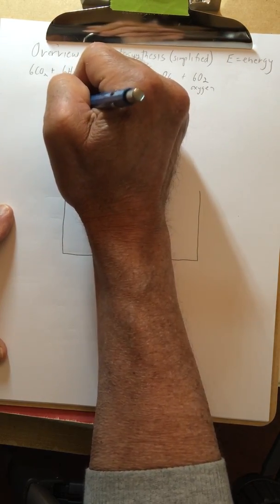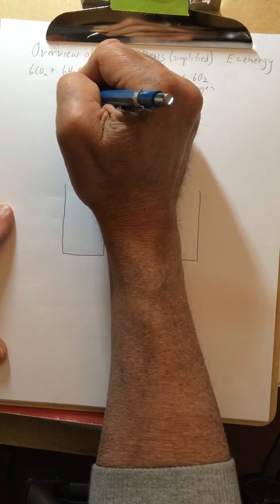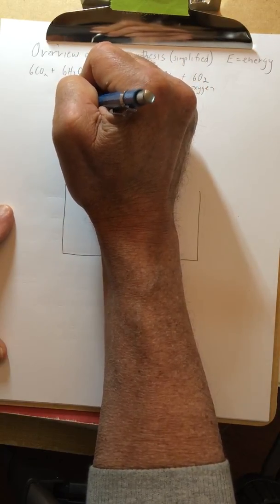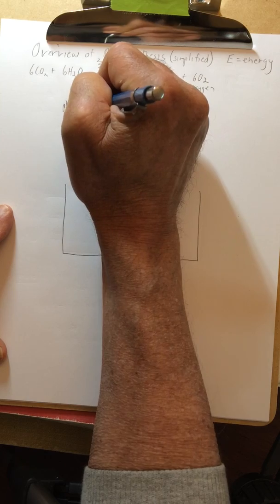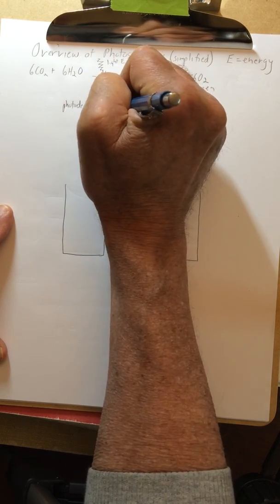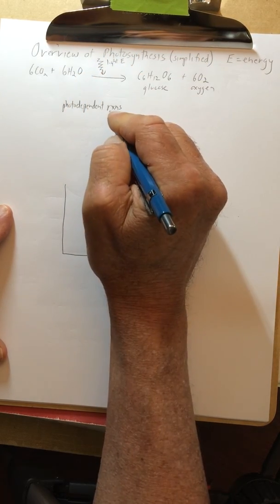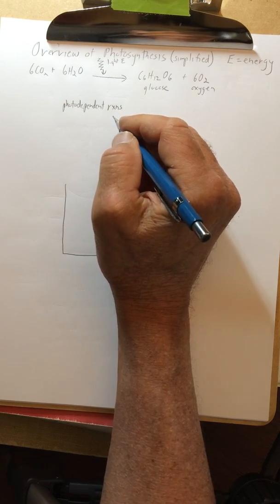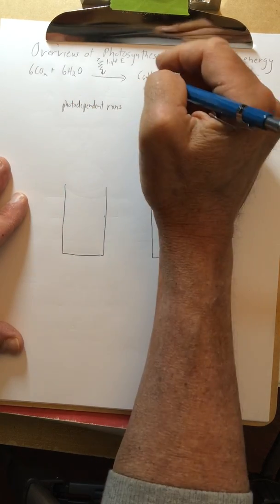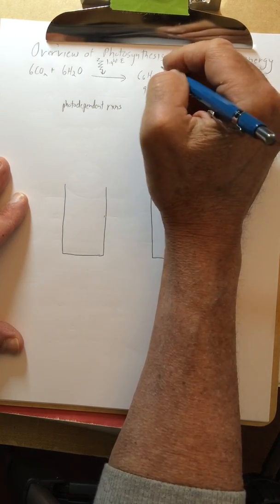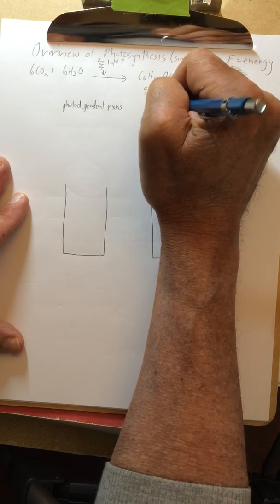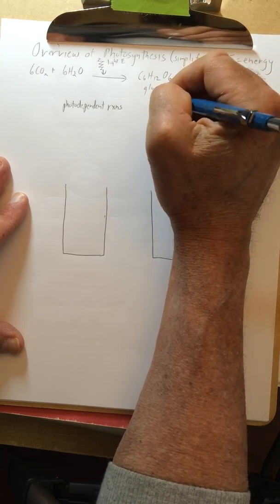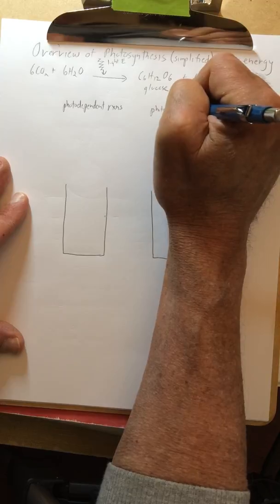The first step, the more modern term that people use today, are photo-dependent reactions. And I'm abbreviating reactions RXN. So, as I said, people often refer to those as light reactions. And then the other type of reactions are photo-independent reactions.